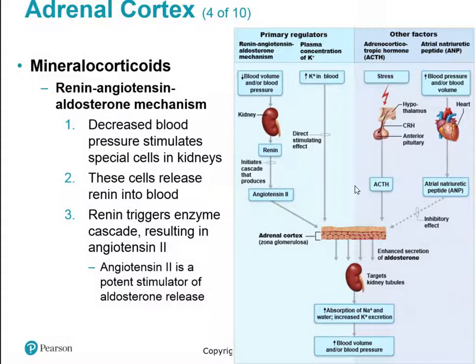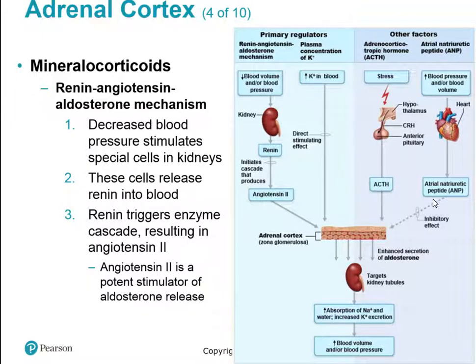This figure also shows the other mechanisms we mentioned. An increase in potassium concentration can also trigger aldosterone release because we want to get rid of that excess potassium. Adrenocorticotropic hormone can also stimulate the adrenal cortex to secrete aldosterone.